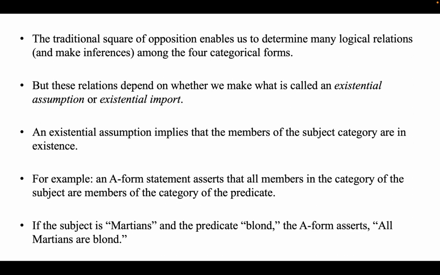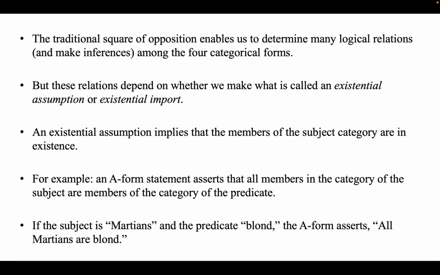So, for example, an A-form statement asserts that all members in the category of the subject are members of the category of the predicate. So if the subject is Martians and the predicate is blonde, then the A-form asserts that all Martians are blonde. But not only that, it makes an existential statement. It says there exist Martians and they're all blonde.